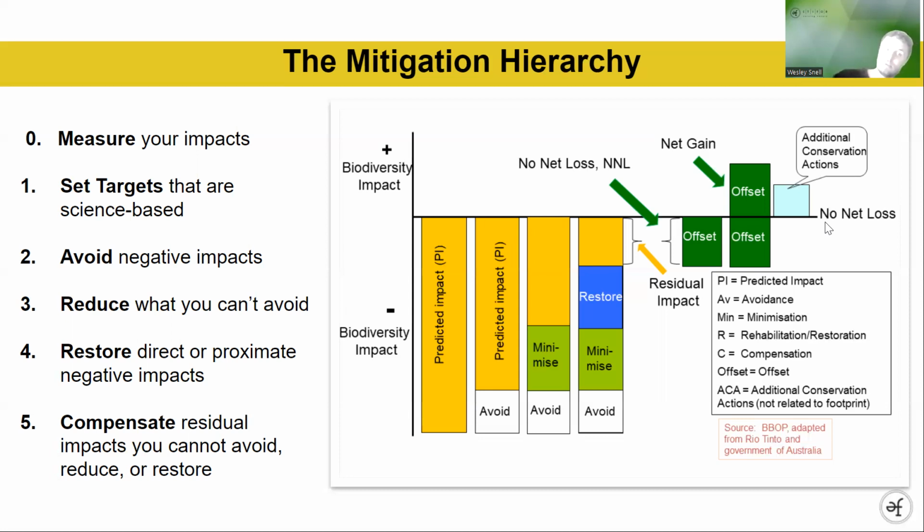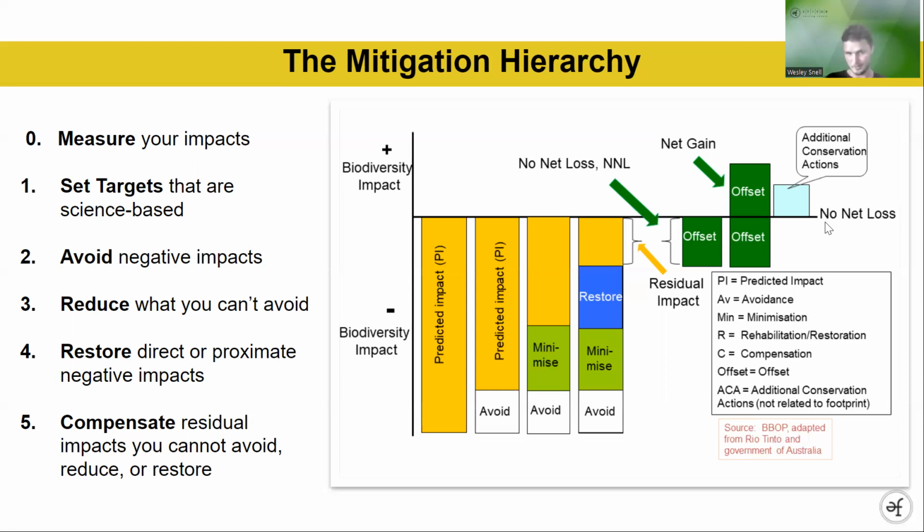Then whatever you can't avoid or reduce, you restore the direct or proximate negative impacts right around your site. It's really important, especially when we're talking about nature positive, where water and biodiversity impacts are very location specific. They can't be compensated with a project across the world. So engaging in your community, in your watershed, in your ecosystem to restore what you can't avoid or reduce.